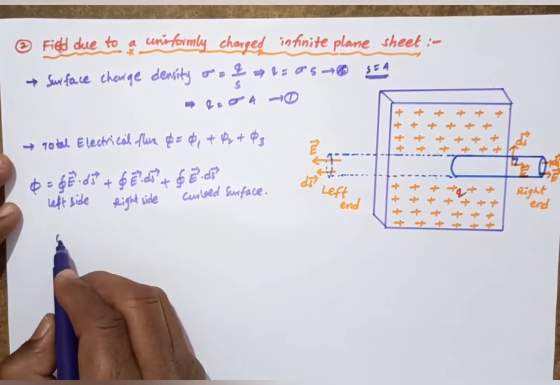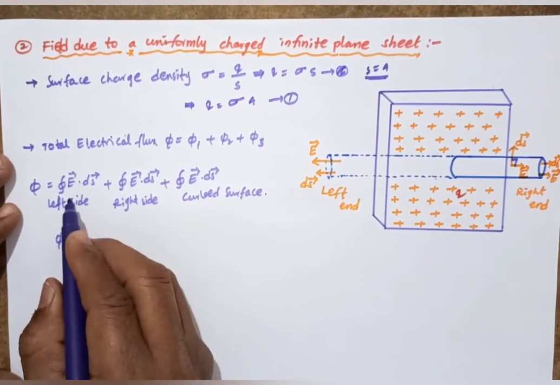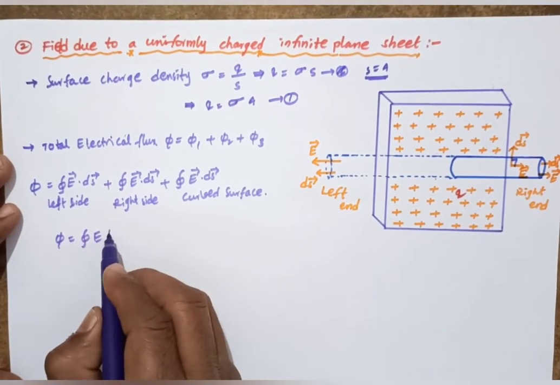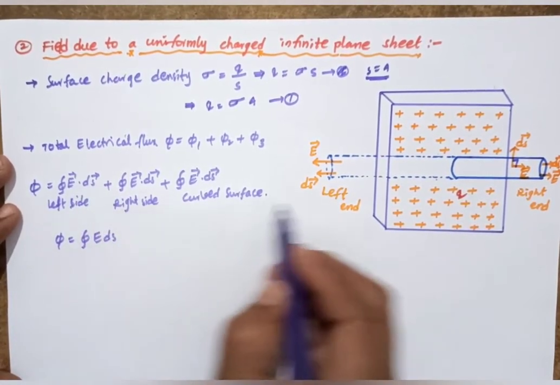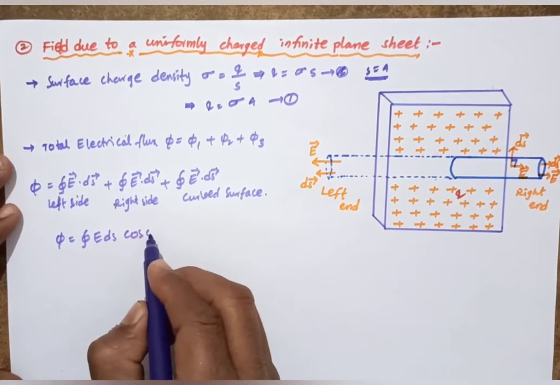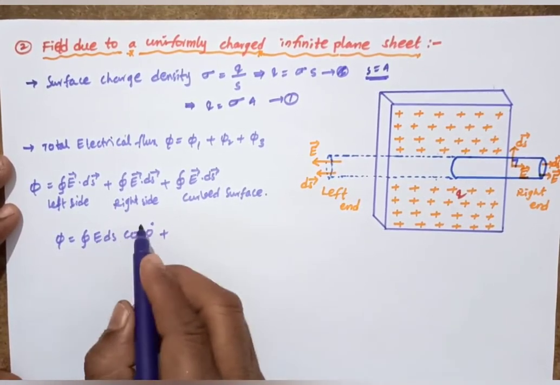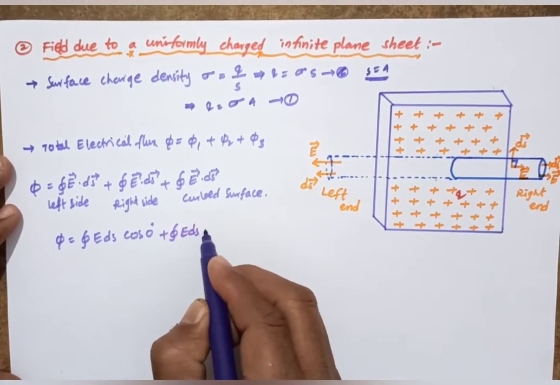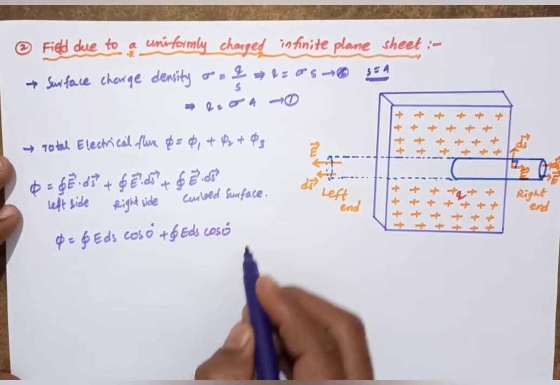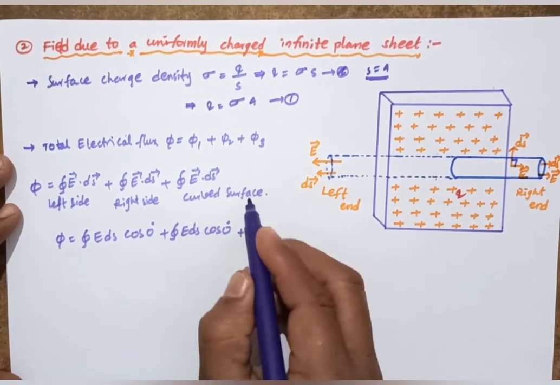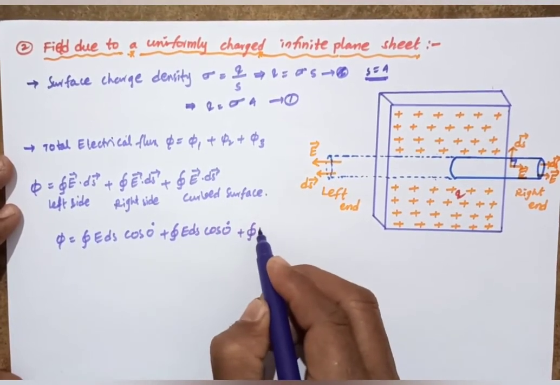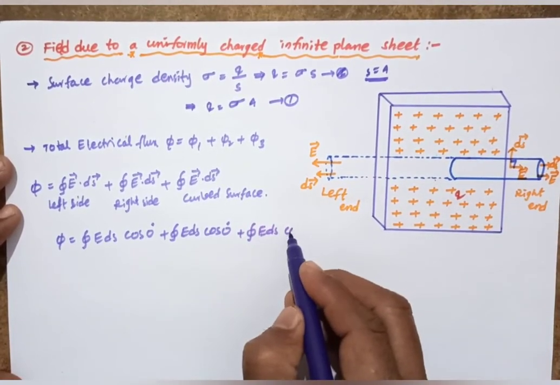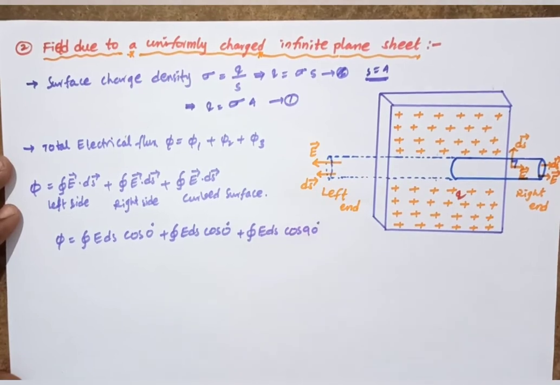So phi equals the left hand side integral of E ds cos 0 degrees, plus the right hand side integral of E ds cos 0, plus at the curved surface, E and ds are perpendicular to each other, so cos 90 degrees.